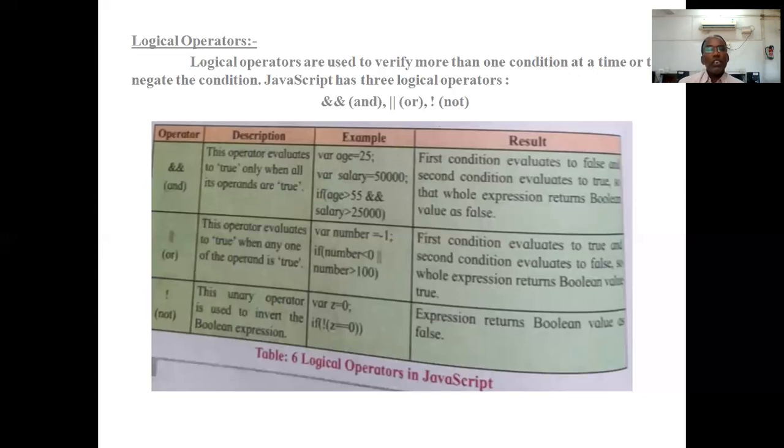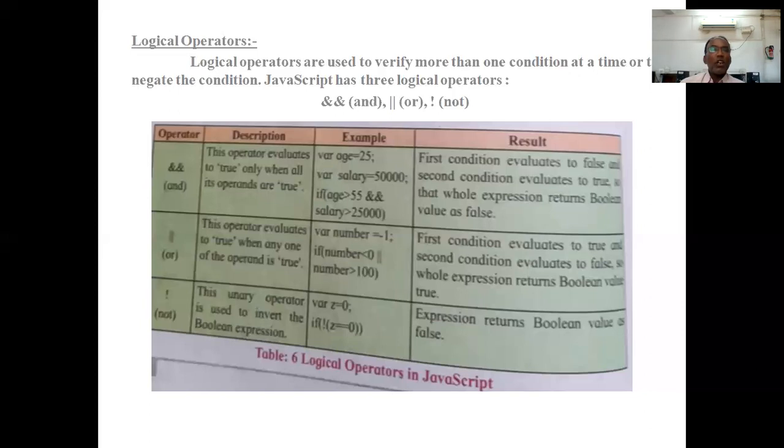So in this condition, what it will do? It will evaluate to true when only one condition of the operands is true. So in this example, the whole expression returns Boolean value true because here one condition is true. Is it clear? Okay, fine.